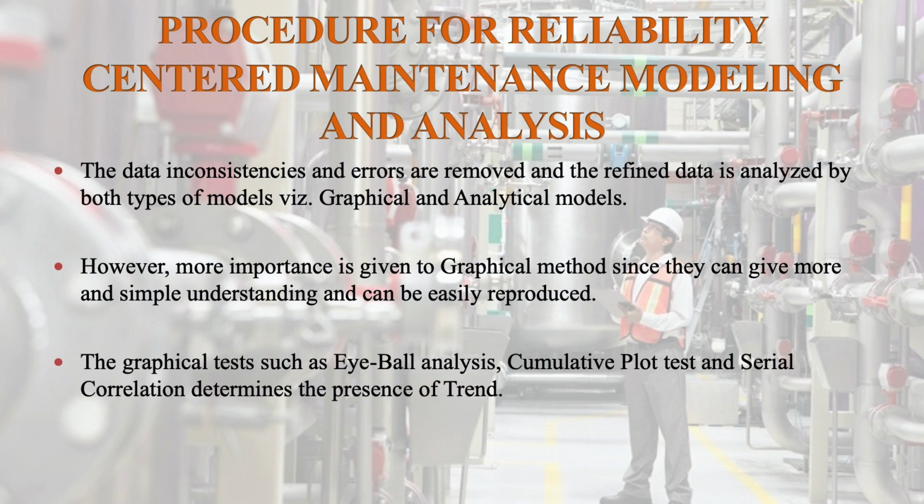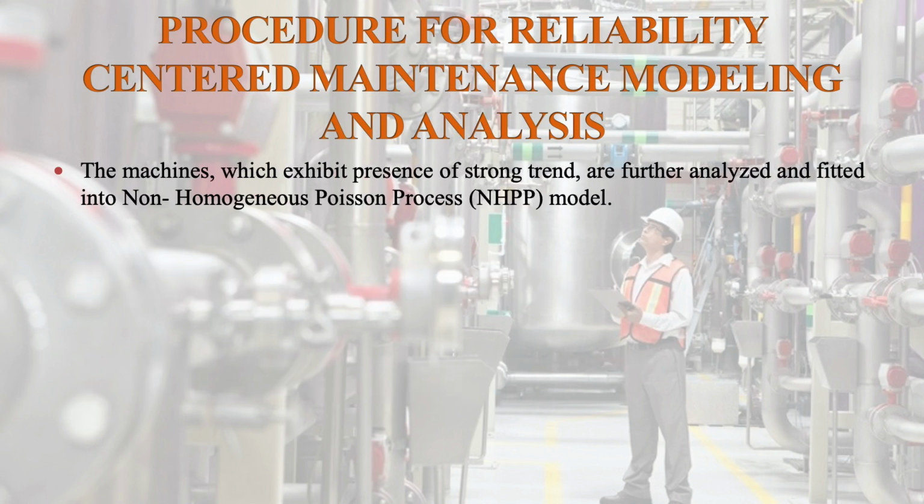The graphical tests such as eyeball analysis, cumulative plot test and serial correlation determine the presence of trend. The machines which exhibit presence of strong trend are further analyzed and fitted into a non-homogeneous Poisson process model.